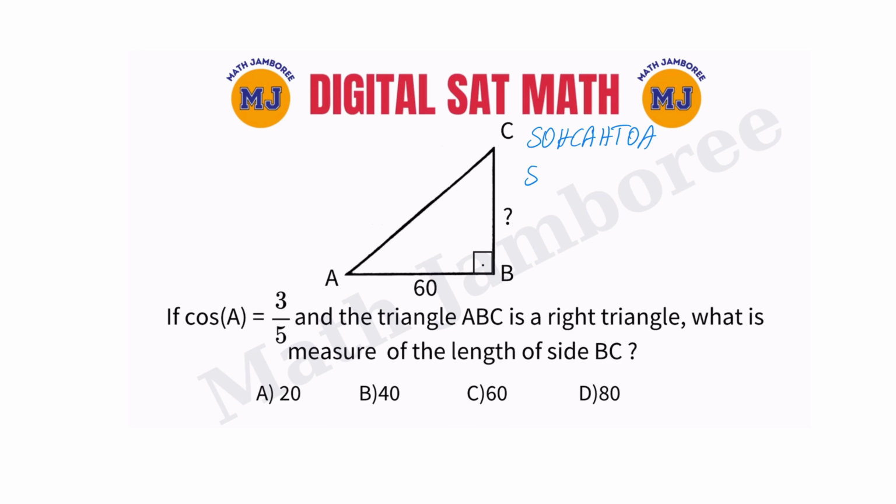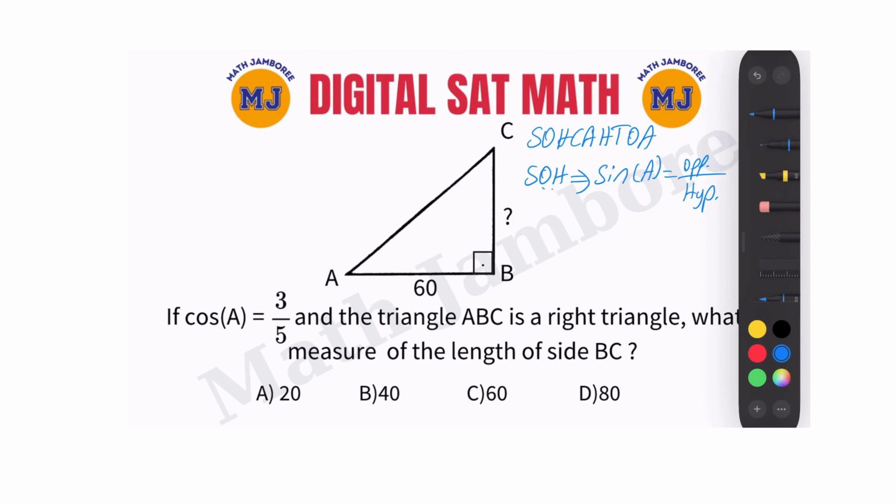So the SOH, this is coming from sine. Let's say that we're going to use angle A. And this means opposite over H, which stands for the hypotenuse.